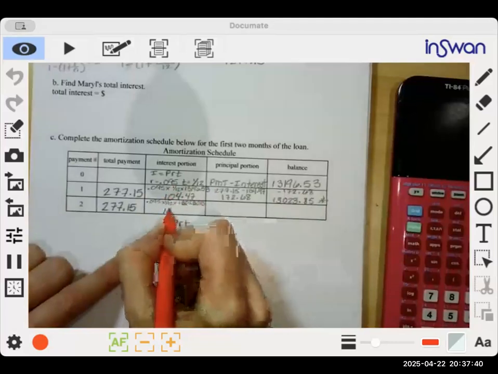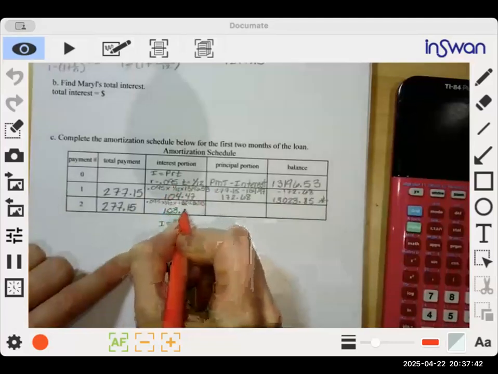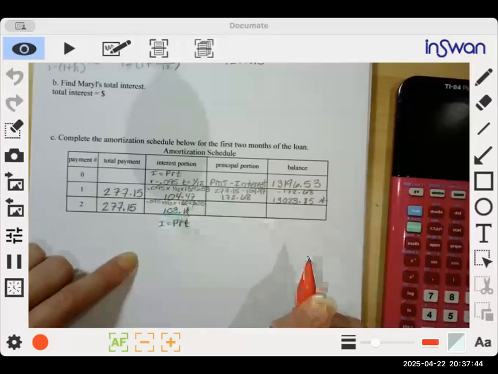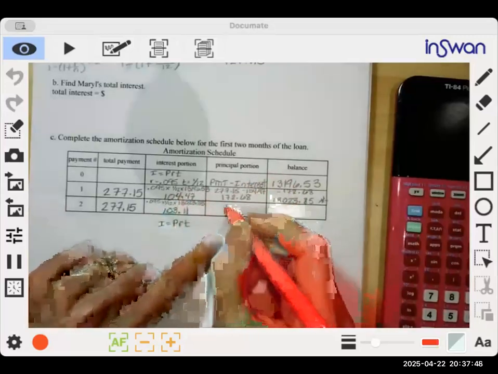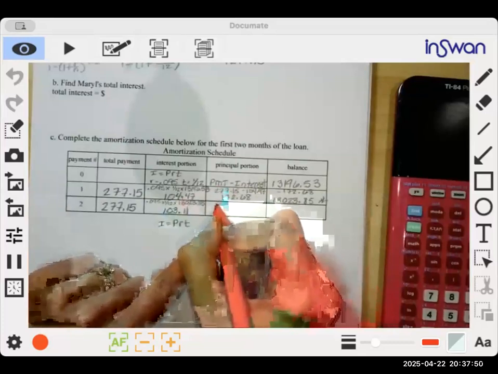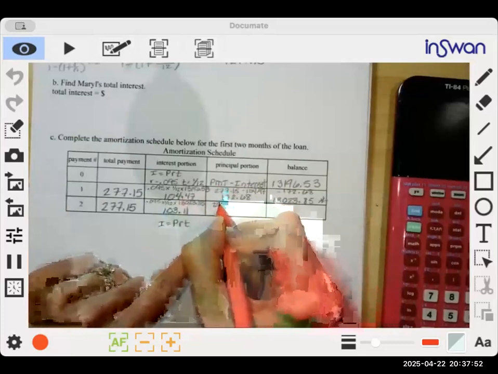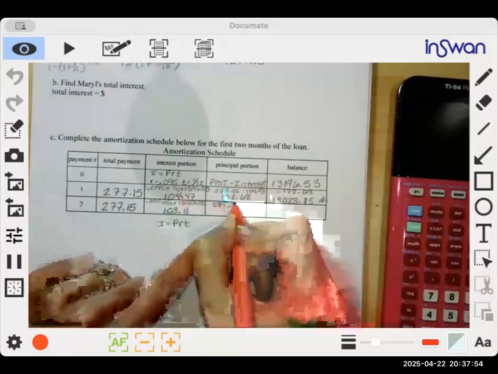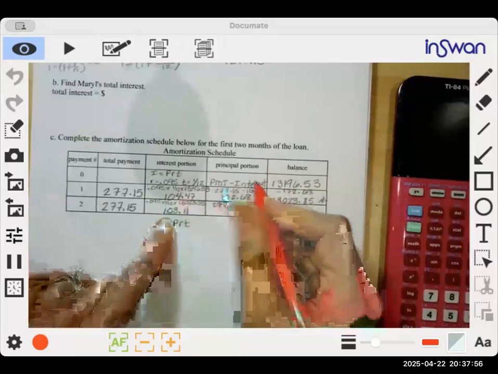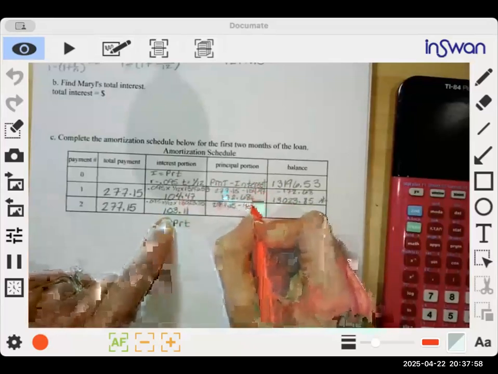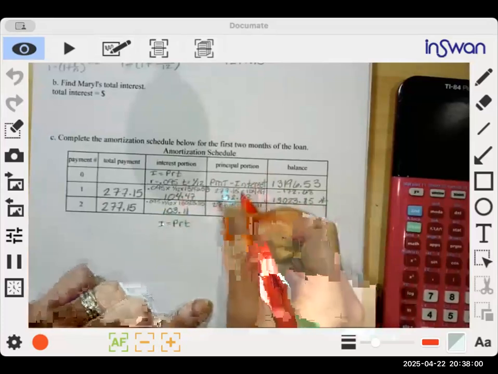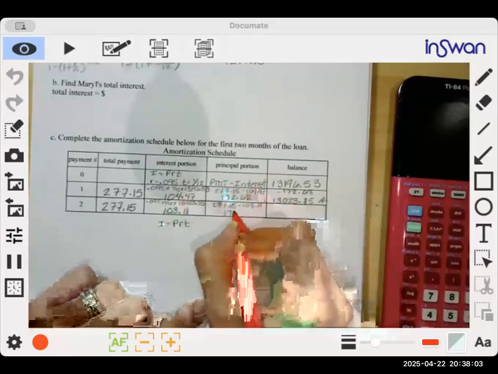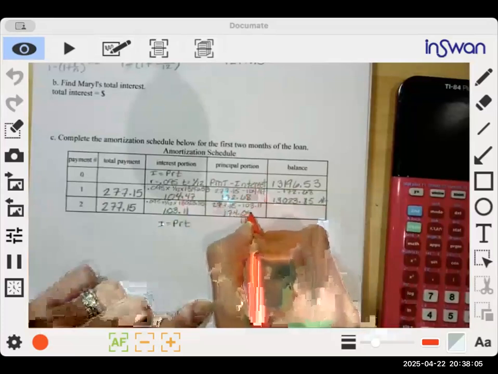And for that, we get 103.11. So interest is going down a little bit. That means our principal portion is going to be up a little bit. We're going to take our payment again, minus our interest. And we get 174.04.